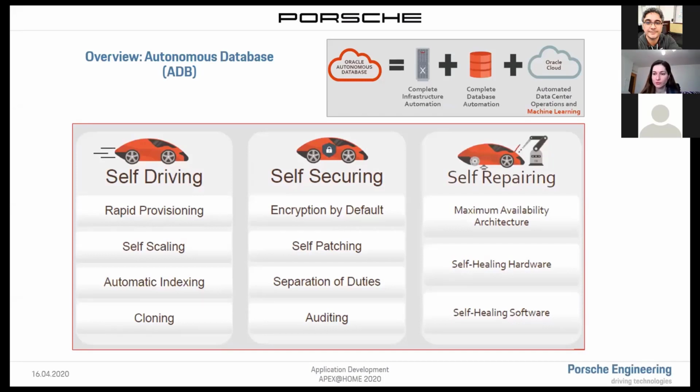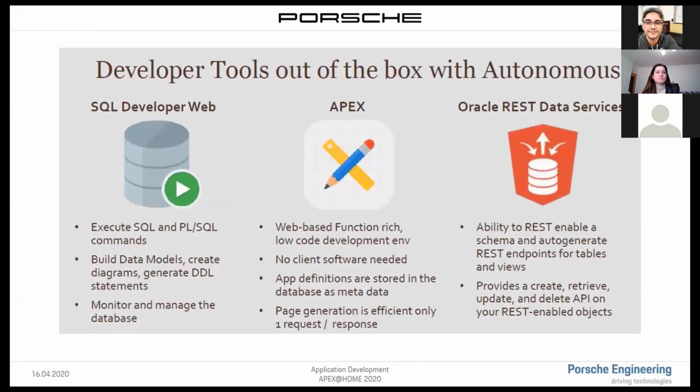Whether we are talking about hardware or software, it tracks all kinds of issues or bugs, and it protects you from malicious users, whether internal or external. So I think that's more or less it around Autonomous.